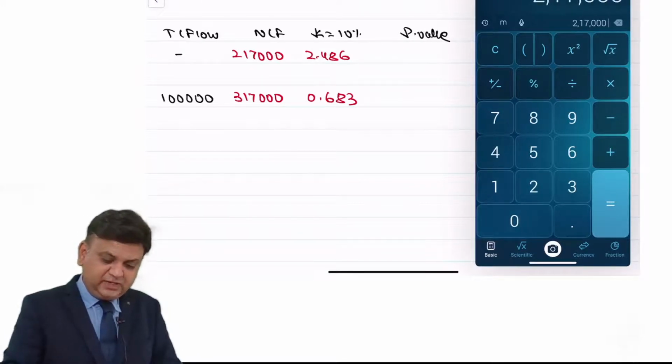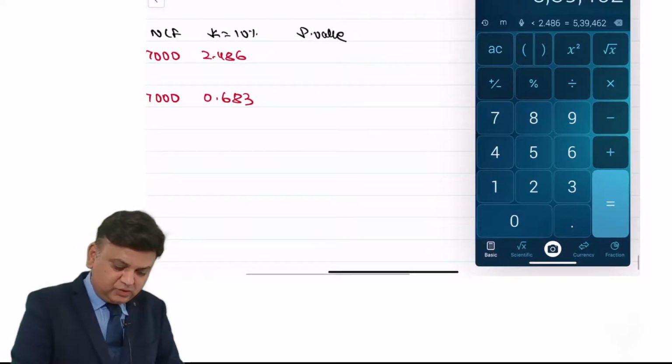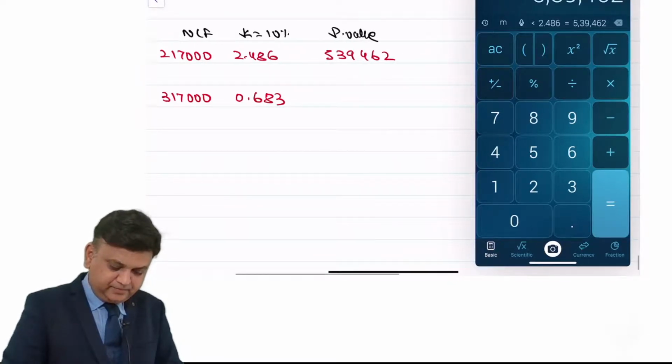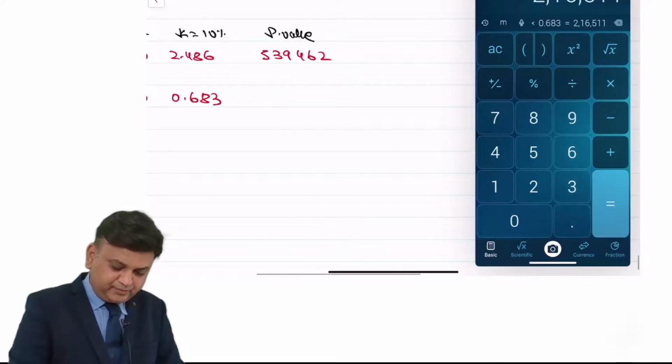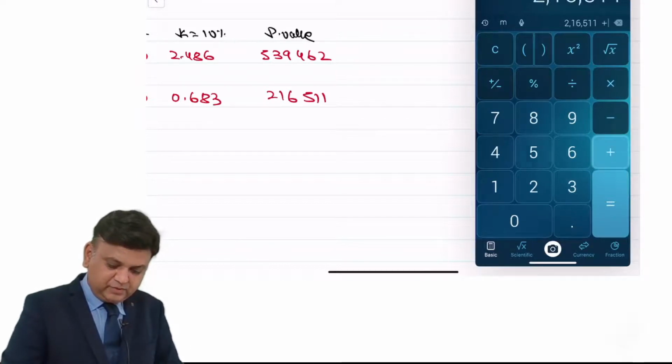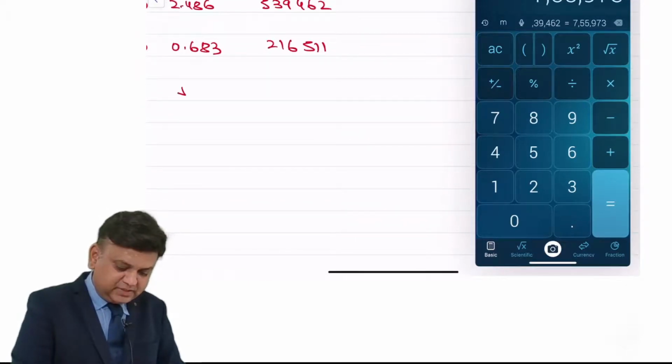So 2,17,000 into 2.486 comes to 5,39,462. 3,17,000 into 0.683 is 2,16,511. Adding 539,462, the present value of the cash inflow is 755,973.